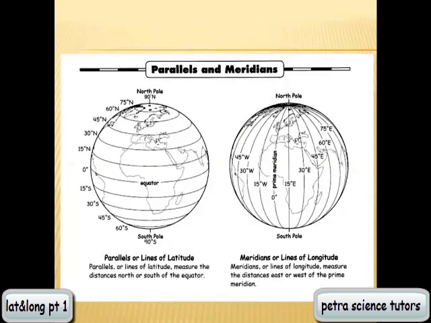Come along, guys. So this is just a summary of what we'll be saying. You see the parallels and meridians. Another name for latitudes is parallels of latitude. Another name for longitudes is meridians. So you have your meridians or longitudes on the right there, and on the left you have your latitudes.